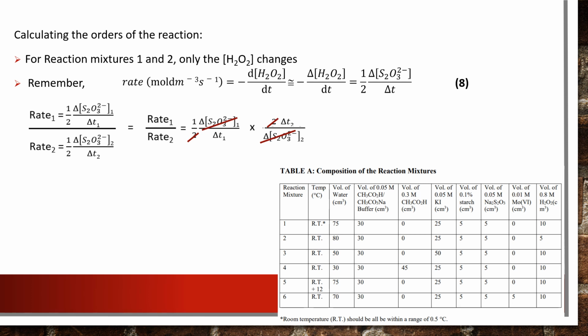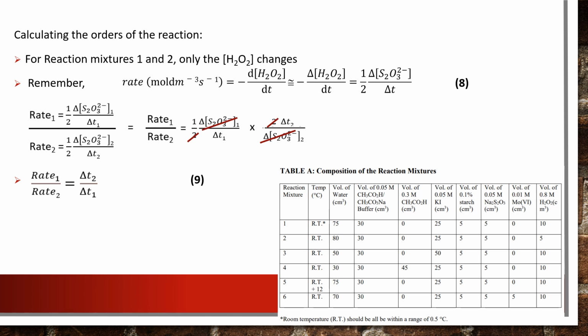The rate expression thus becomes rate 1 divided by rate 2 is equal to the change in the time for expression 2 divided by the change in the time for reaction 1.